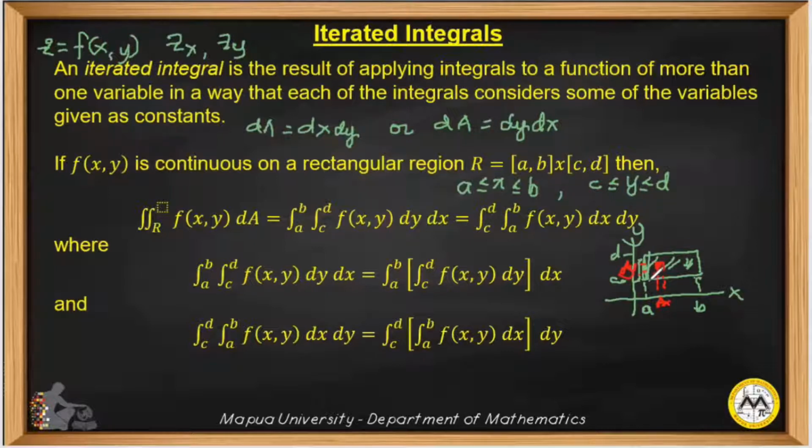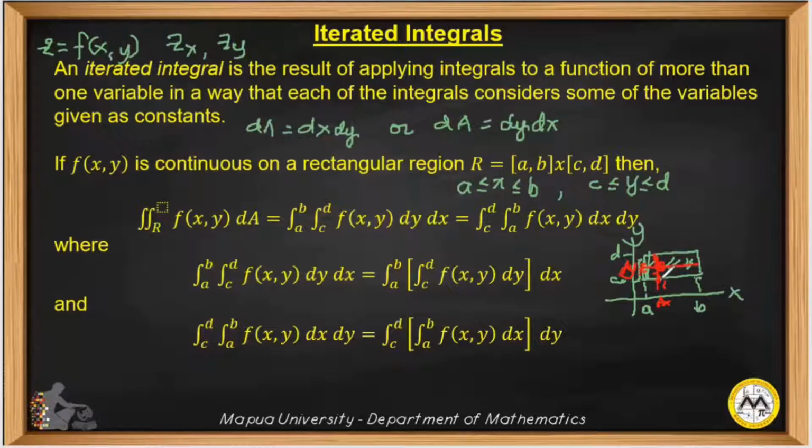When we say the differential of A is dy dx, we evaluate first the integral from the lower to the upper, similar to evaluating the integral using the vertical element, and dx evaluates the integral from a to b, horizontal.